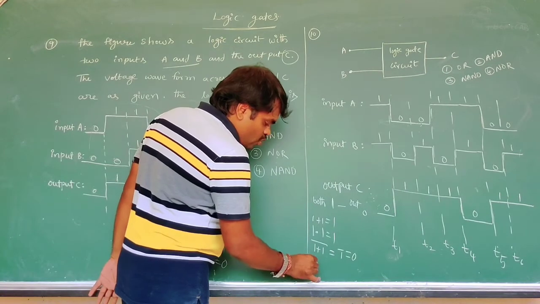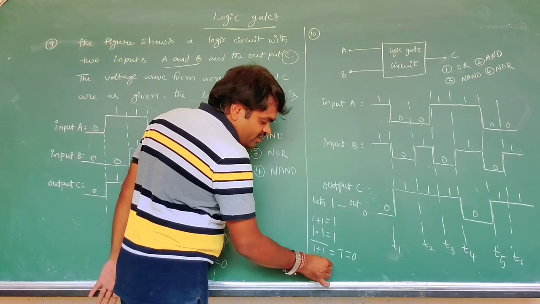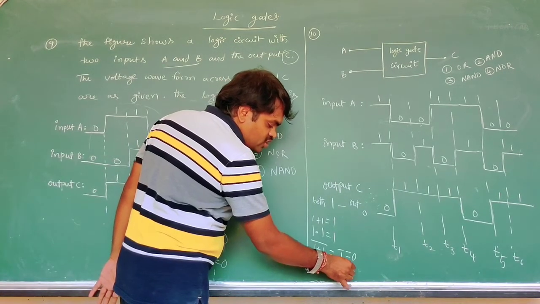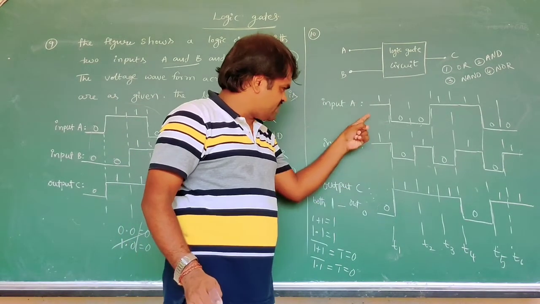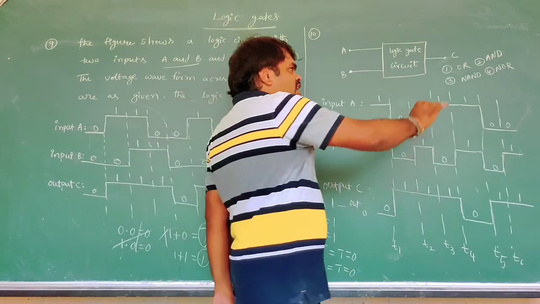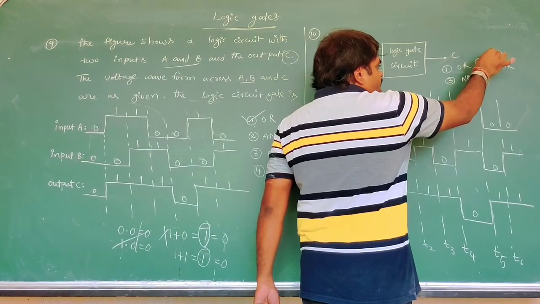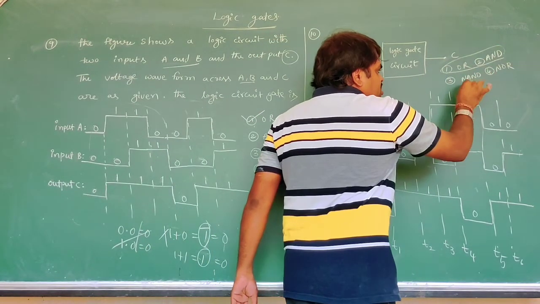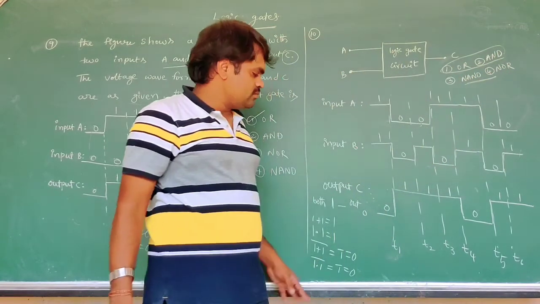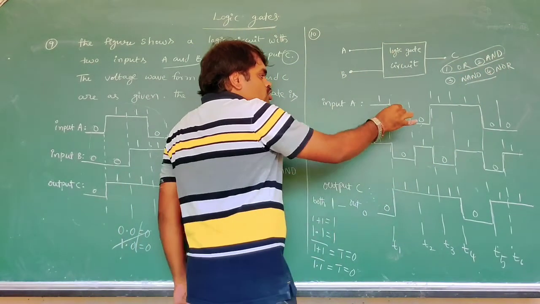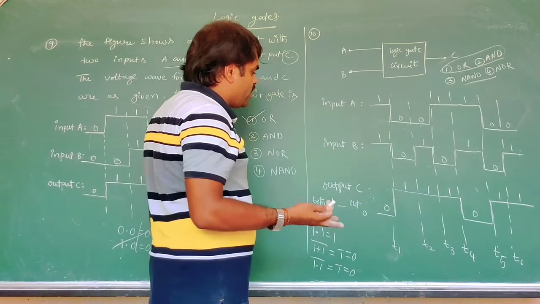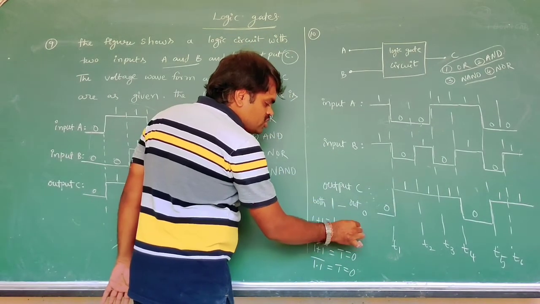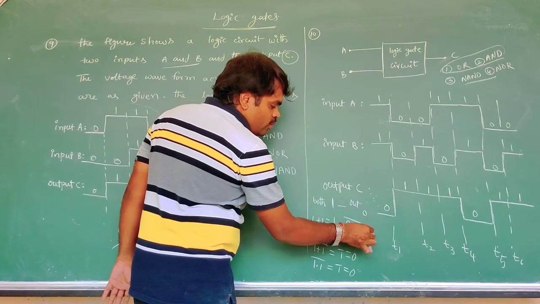A NAND gate also, (1.1) bar is 1 bar, which is 0. So we can identify that it is never an OR gate or an AND gate. Maybe the options are between NAND or NOR. Next, 0 0 gives 1: 0 plus 0 bar is 0 bar, which is 1.